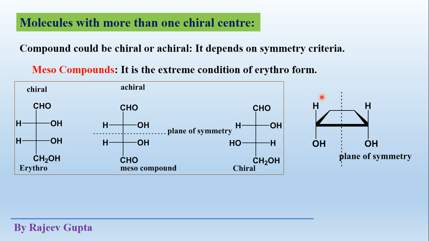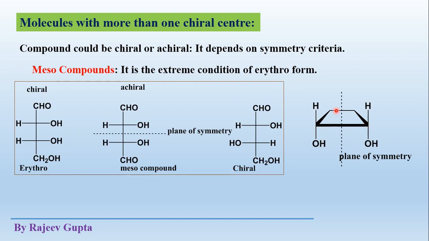See, one hydrogen atom, one hydroxy group, one methylene group, means CH2 group, and one this CHOH group. So all the four groups which are directly attached to this carbon atom are different. So this carbon atom is chiral. Also this atom is also chiral.